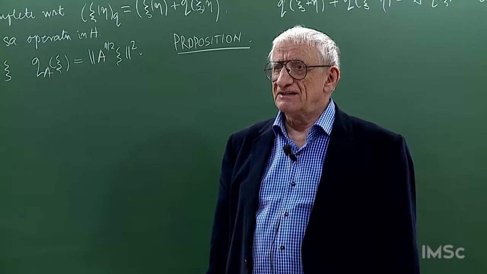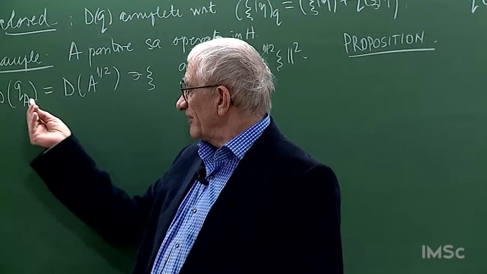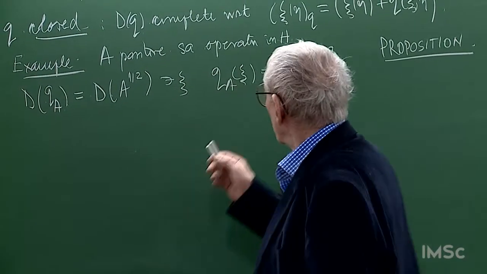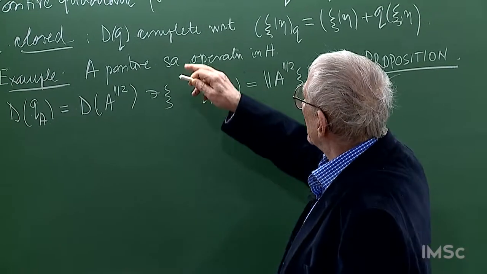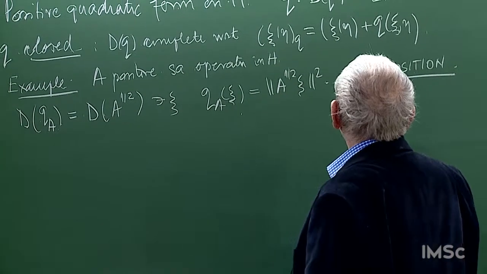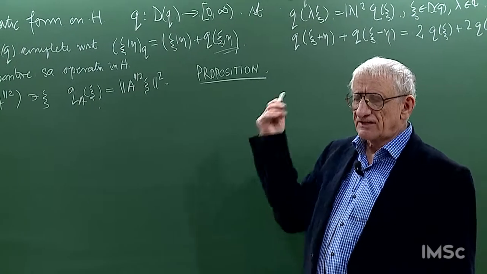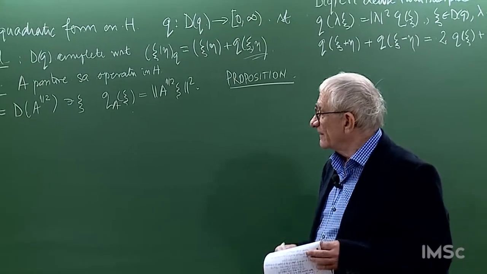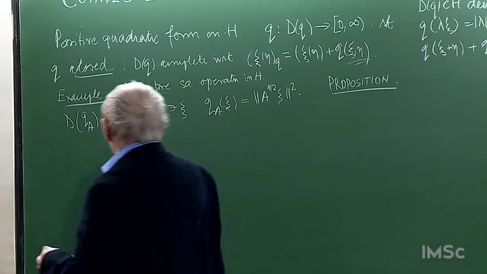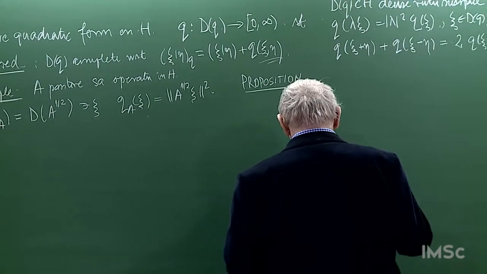No, but you said the domain of Q is complete with respect to the norm. The domain of Q_A is the second line here. Yeah, close, look at the right extreme. Yeah, of course, that's polarization indeed. It is the polarization of Q indeed. Okay.